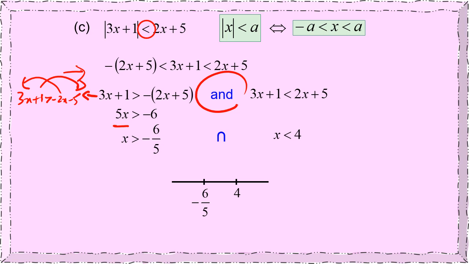So draw down your number line. Negative 6 over 5 and 4, which one is smaller? Of course, the negative value. So draw the set on the number line. We have x more than negative 6 over 5, so it should be to the right side. And x is less than 4, it should be to the left side. So the intersection is the part in between these two values, the one with two lines.